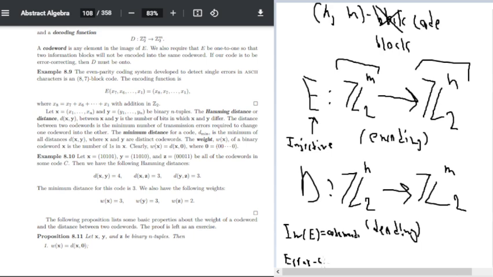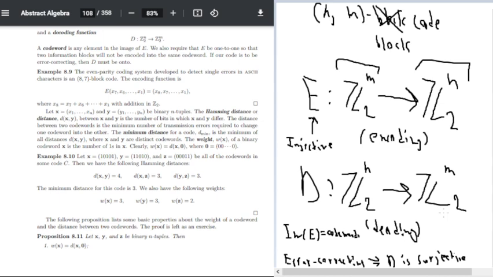Error correcting implies that D is surjective.